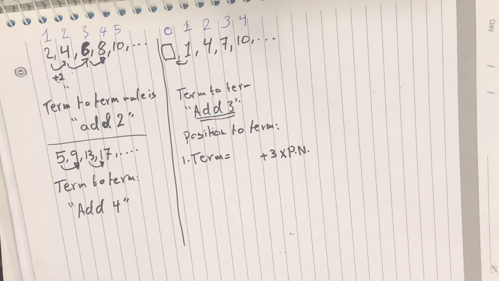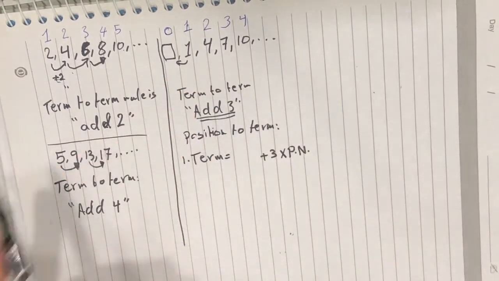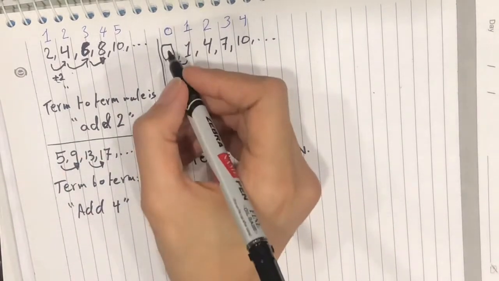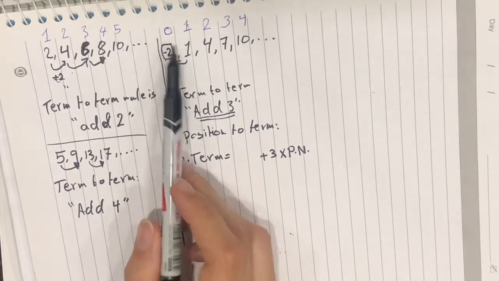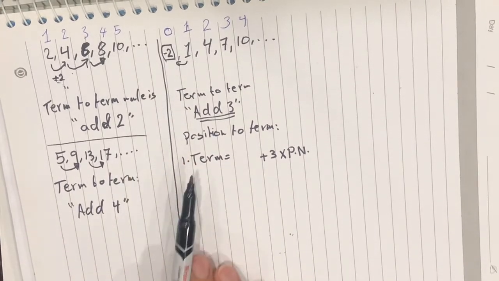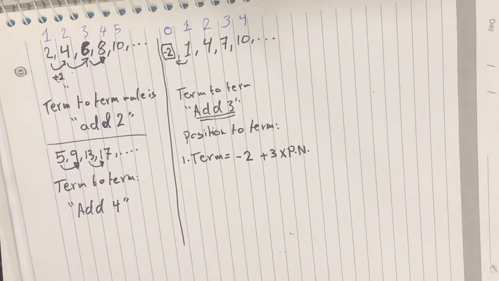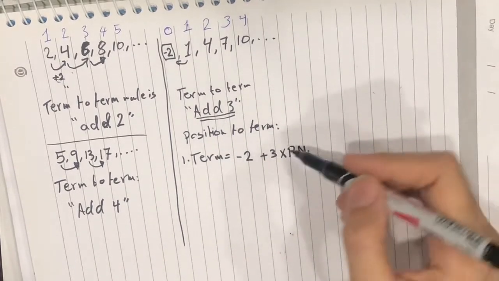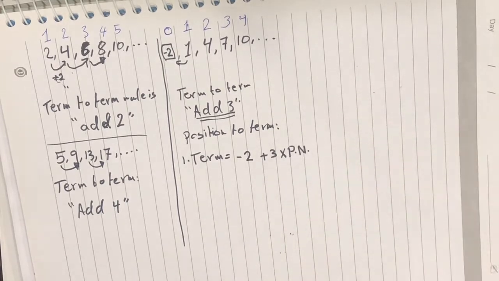I need to subtract 3. Each time I was adding 3. So if I subtract 3, I will get the number minus 2. This is called the 0 term. I use the 0 term to find my position to term rule. And I write it here. So my position to term rule is term equals minus 2 plus 3 times position number.